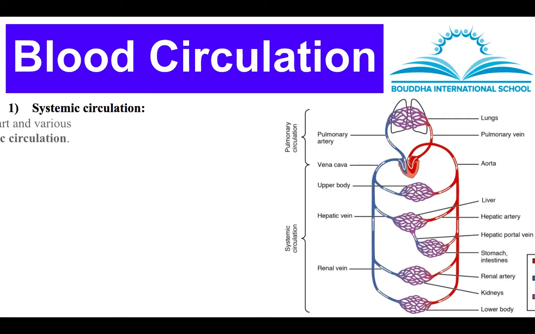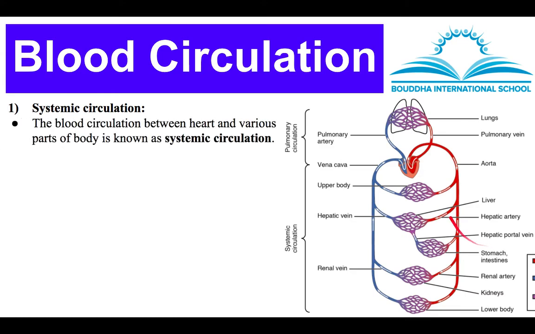That is why the blood circulation between heart and various parts of the body is known as systemic circulation, and because of that it has a longer route, and it begins from, you can see, the left ventricle. From here it will begin, and from here it will go to different parts of the body, and then it will again return back into the right auricle. So it begins from the left ventricle and ends at the right auricle.